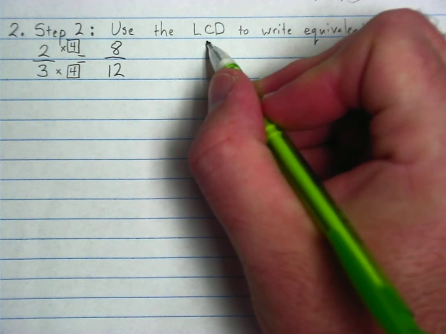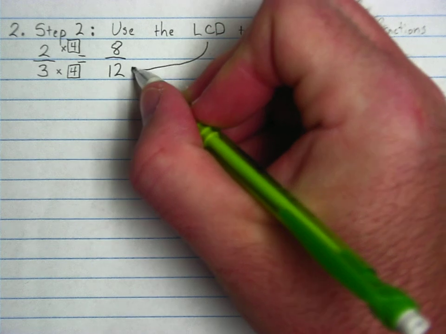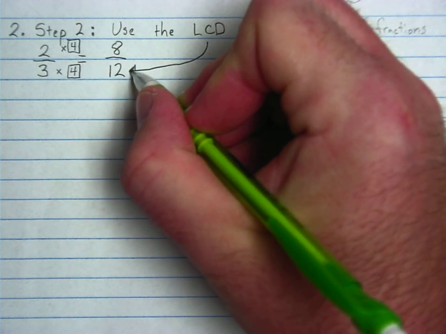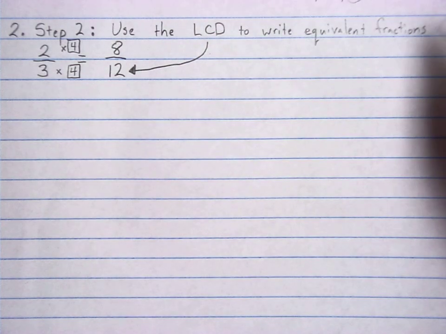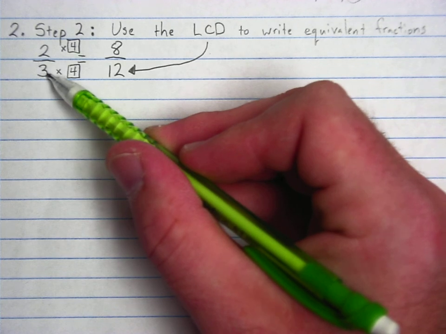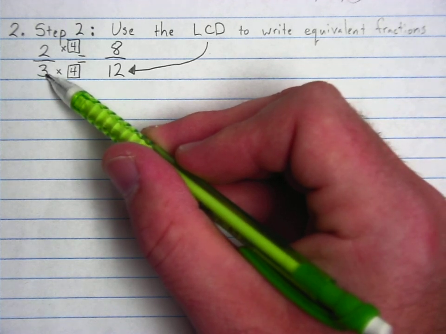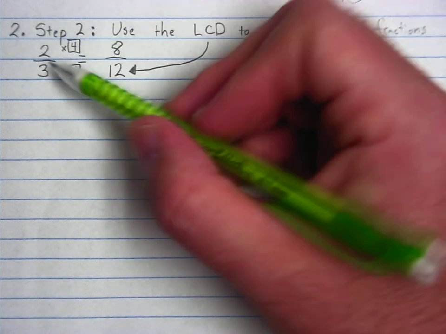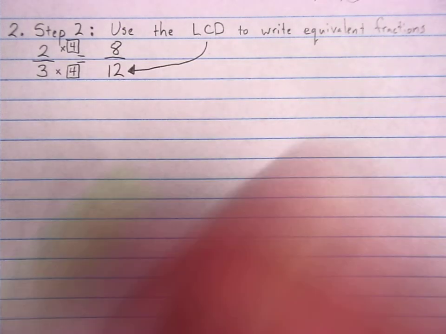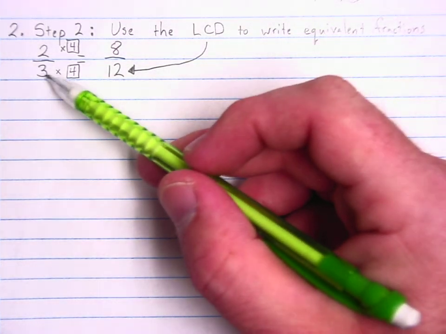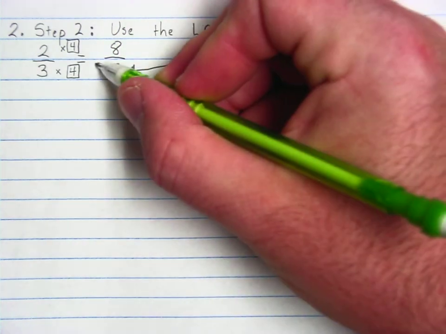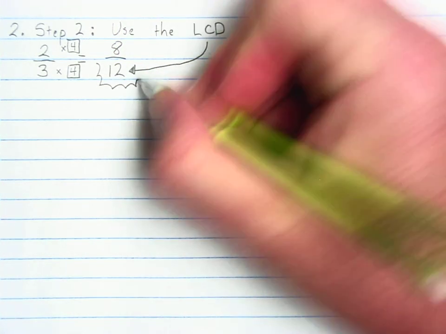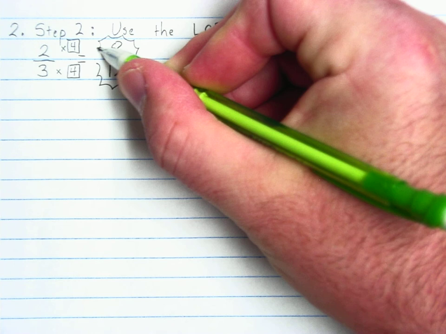We used our least common denominator, 12, as our starting point. We figured out what to multiply the original denominator by, 3 times 4, that would give me 12. And then we just did the same thing on the top. These fractions are equivalent. 2/3, 8/12, they're equal to each other. They're the same amount of stuff. Yes, they look different.